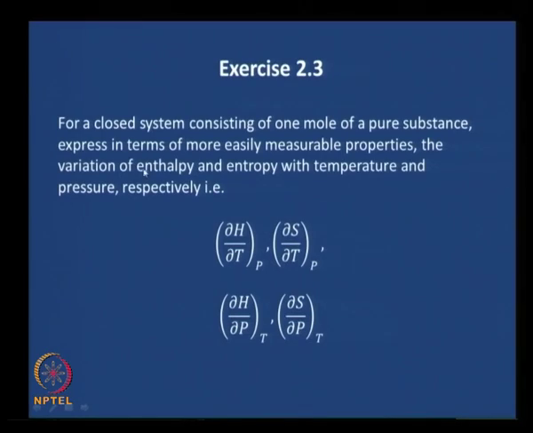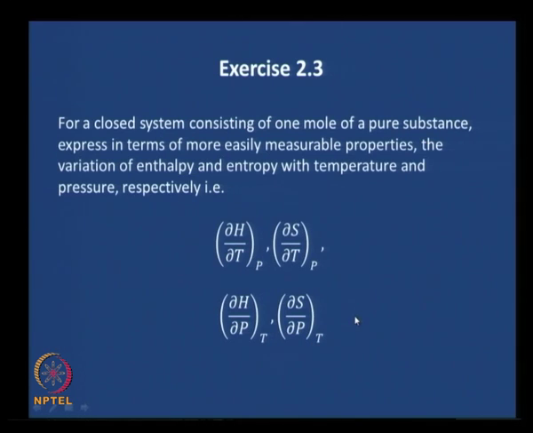This exercise was for a closed system consisting of 1 mole of a pure substance: express in terms of more easily measurable properties the variation of enthalpy and entropy with temperature and pressure respectively. In other words, ∂H/∂T at constant P, ∂S/∂T at constant P, and just the flip with P and T, ∂H/∂P at constant T, ∂S/∂P at constant T.